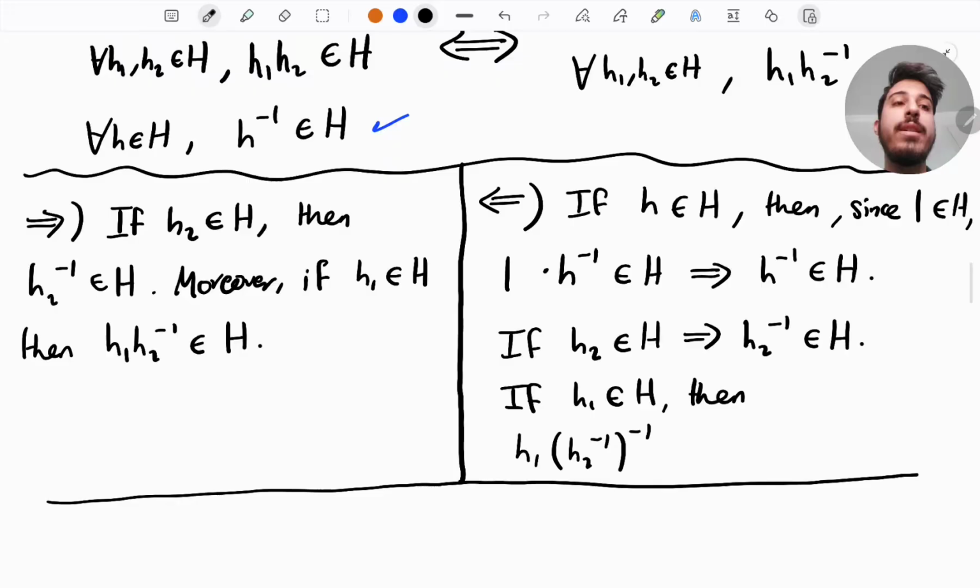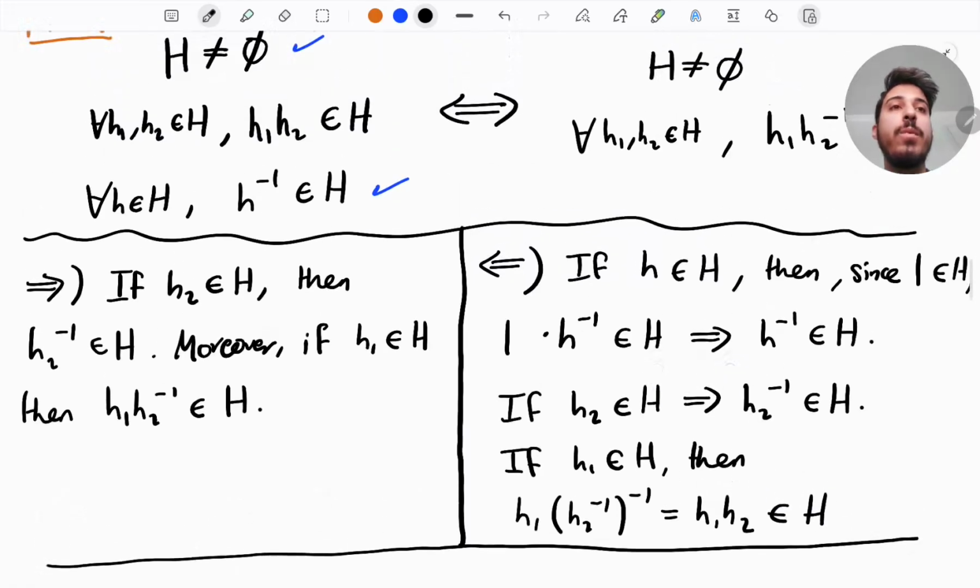So h1 times h2 inverse, inverse, which is equal to h1 h2. This element is in H, so that means this element is in H as well. And therefore, we have proven this third and last property.